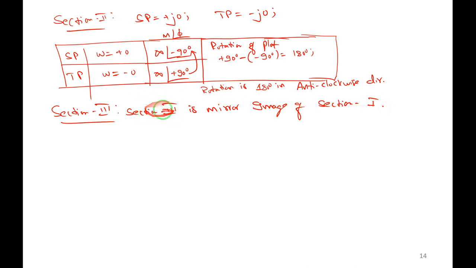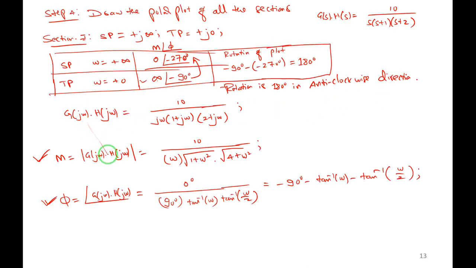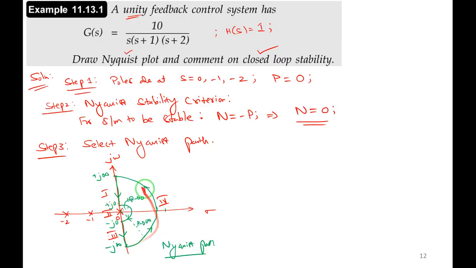For this comment I will write, but I will not calculate the starting point and terminating point, because section 3 is the mirror image of section 1, right? The polar plot will be the mirror image of section 1, whatever we get. So that much.